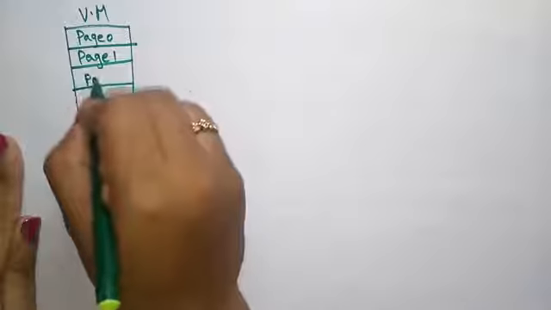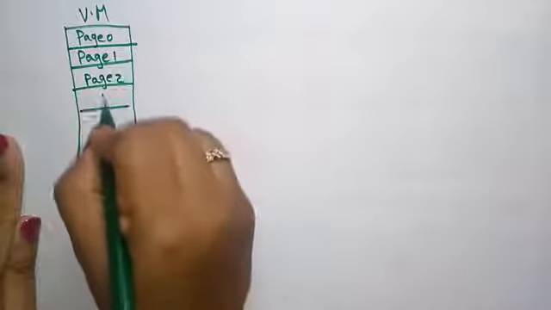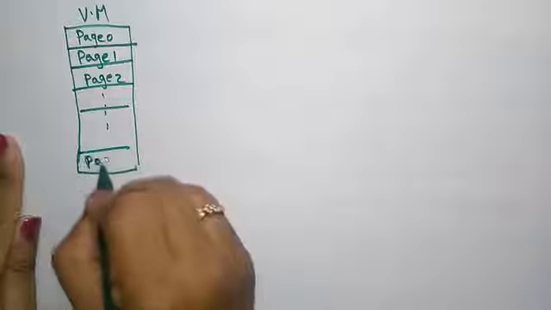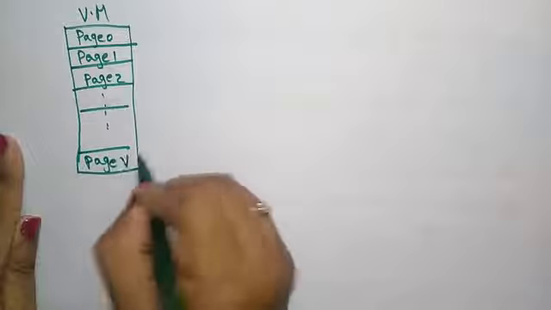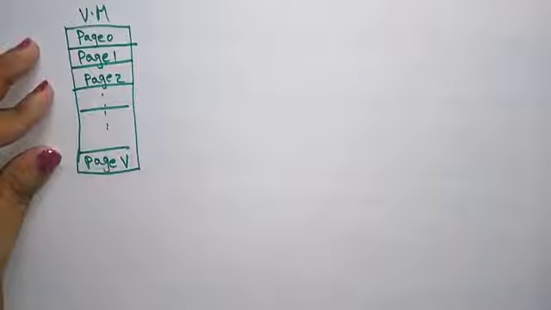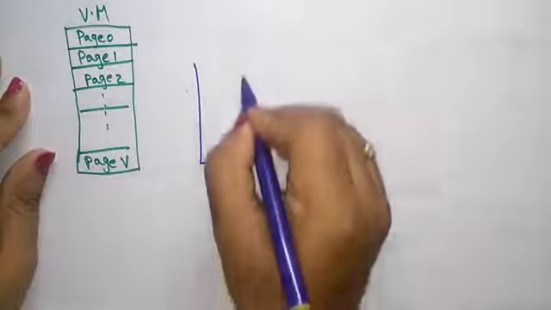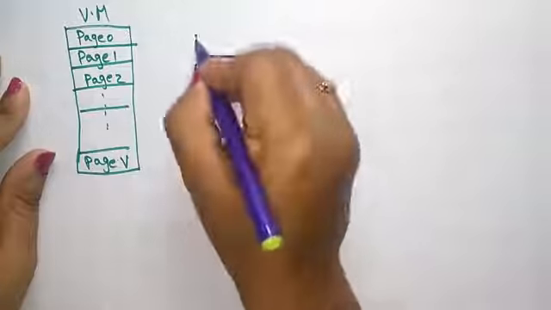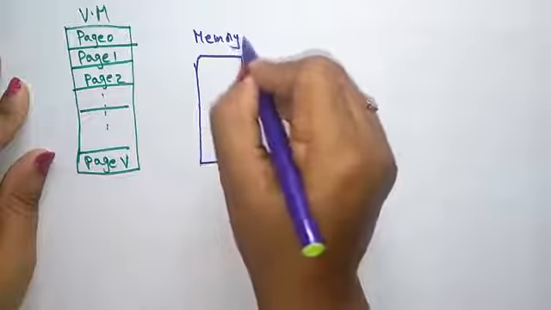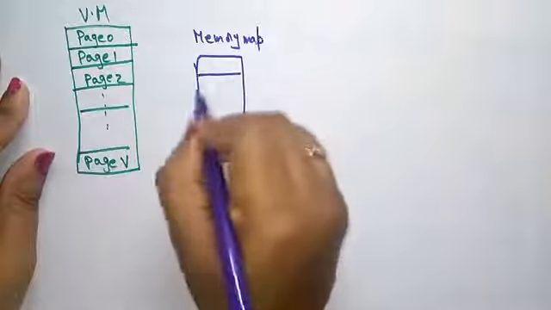And here we take another component, the memory map, with the help of which we point to the main memory.